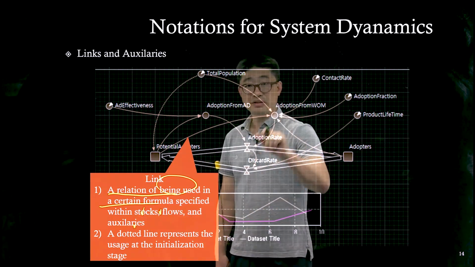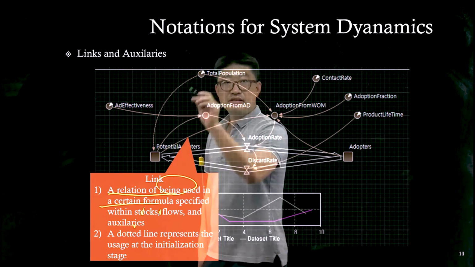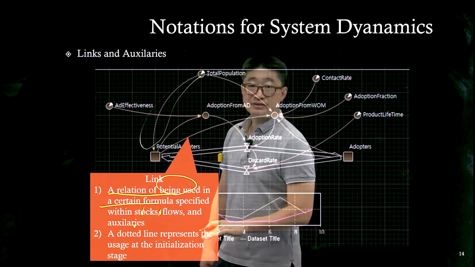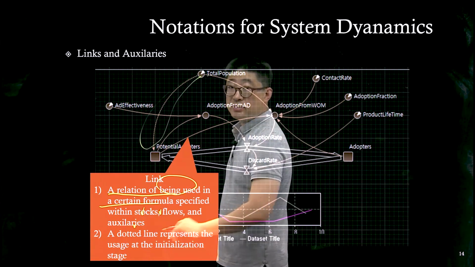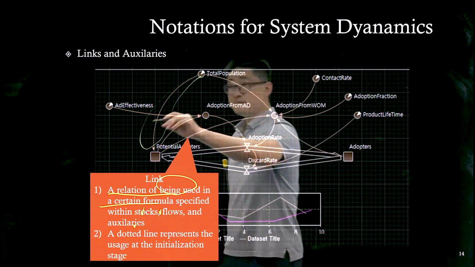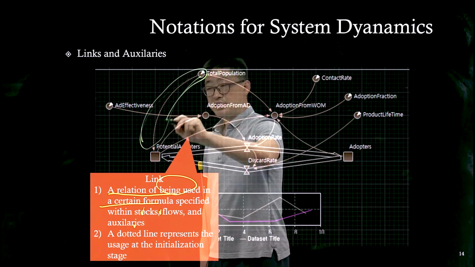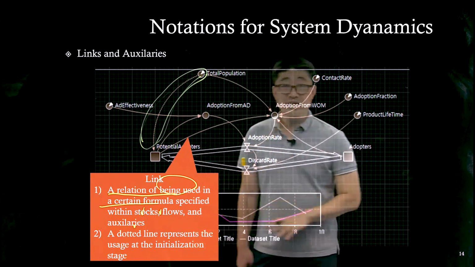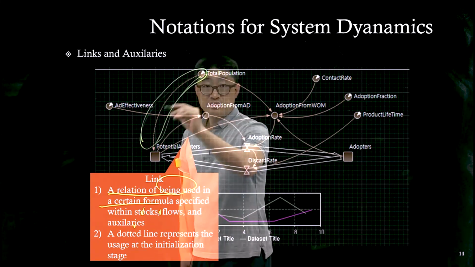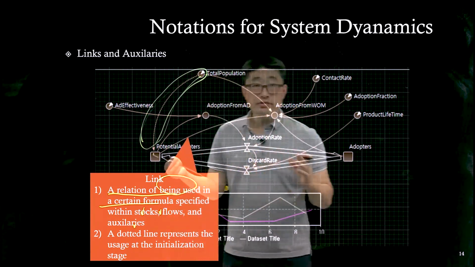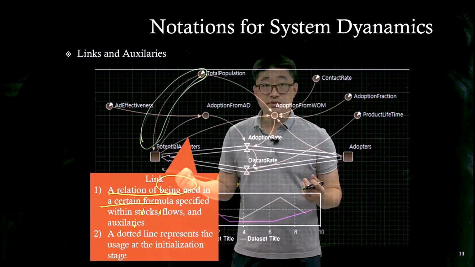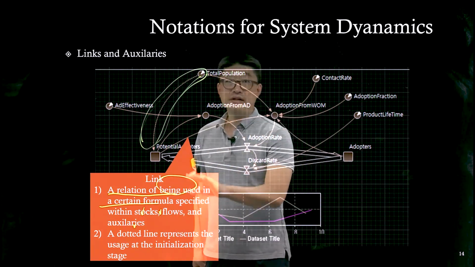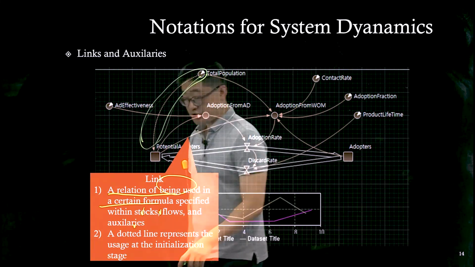Here we have a dotted line, and this dotted line represents usage at the initial stage. Otherwise, if it is utilized through the simulation time steps, then we have a solid line.